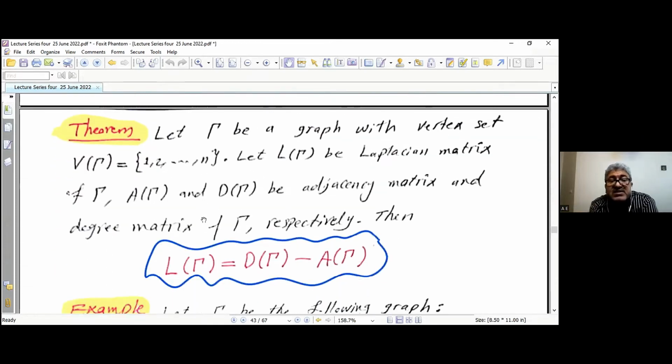Now, it's interesting to give a relation between the Laplacian matrix and the adjacency matrix. The degree matrix plays an important role in giving this relation. You can see that the Laplacian matrix of gamma is the degree matrix of gamma minus the adjacency matrix of gamma.